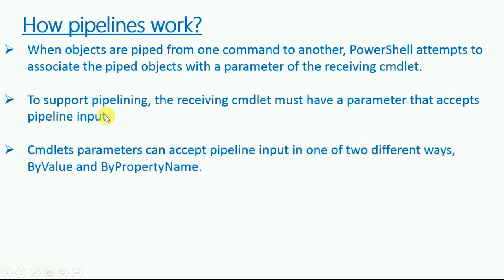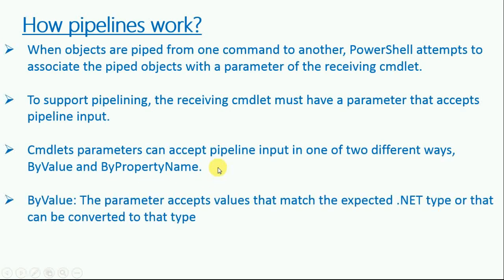There are basically two ways in which the receiving cmdlet accepts pipeline input: either by value or by property name. Let us see in which case it accepts pipeline input by value. If the expected .NET type matches the type which is coming as input, or it can be converted to that type, then it will be used as a value in pipeline input.